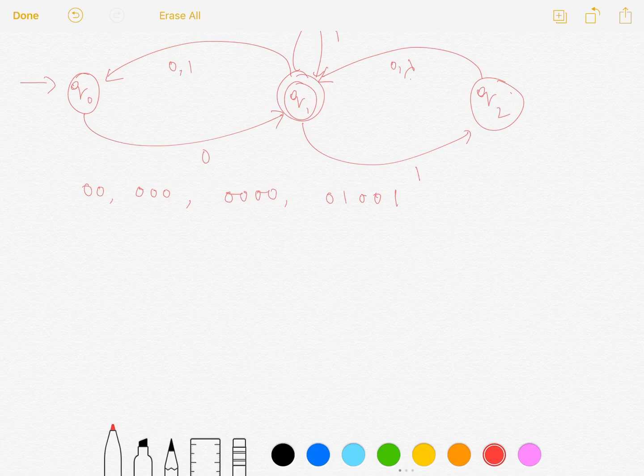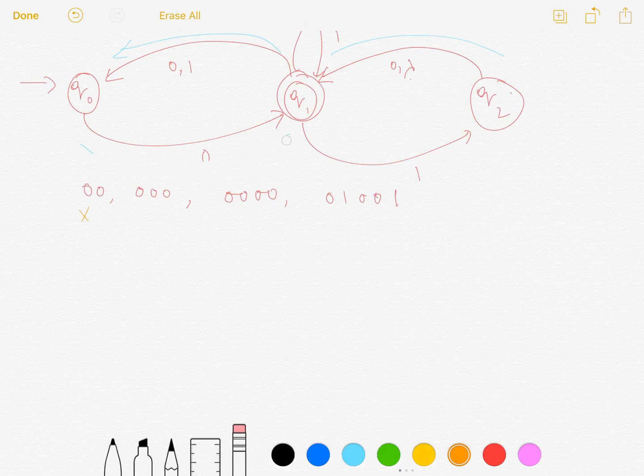Now, let us start with 00. At Q0, if it accepts 0, then it goes to Q1, and after that if it accepts 0, either it will go to Q2 or it will go to Q0. So, there is no chance of acceptance for 00.